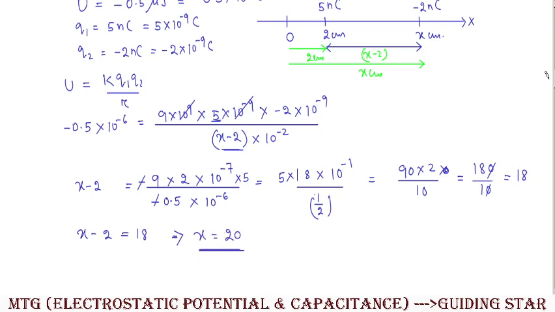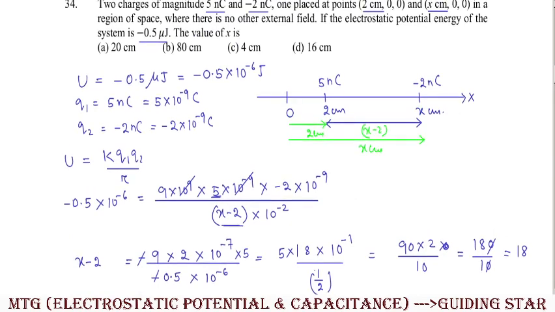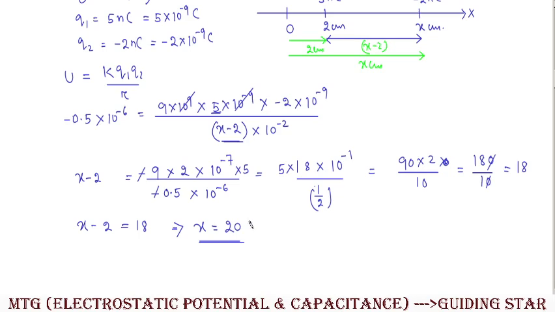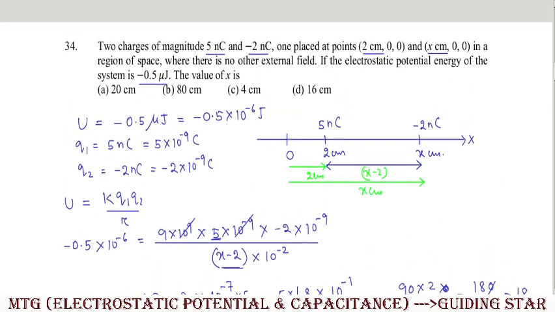Clear? So finally how much did we get? The value of x will be 20. Clear? So 20 centimeter. Okay, so fine. So here option A will be the correct one.